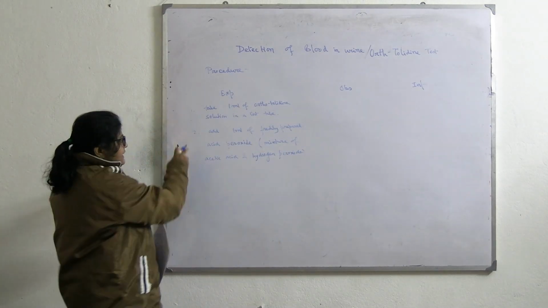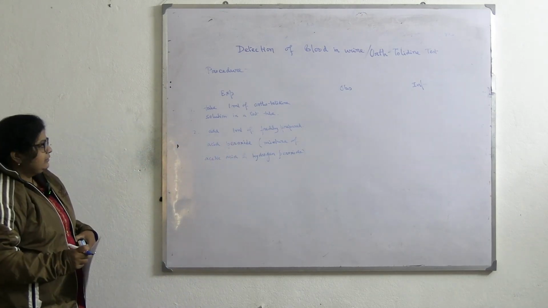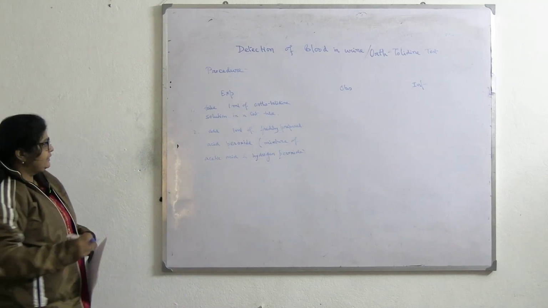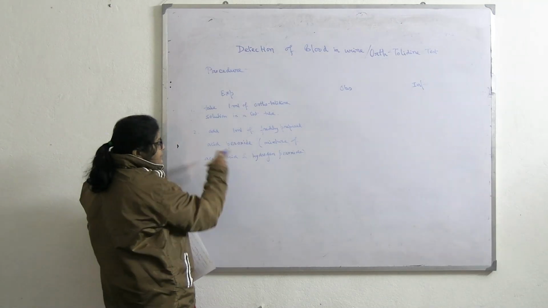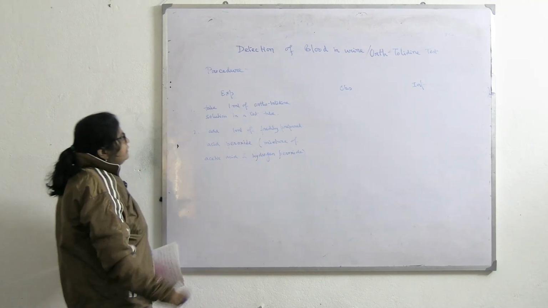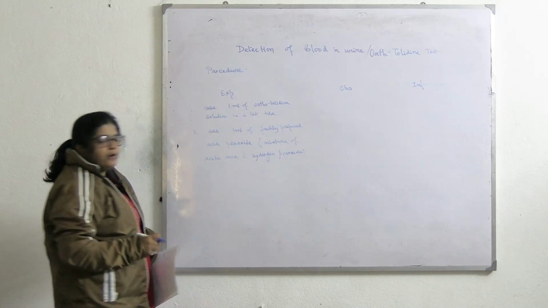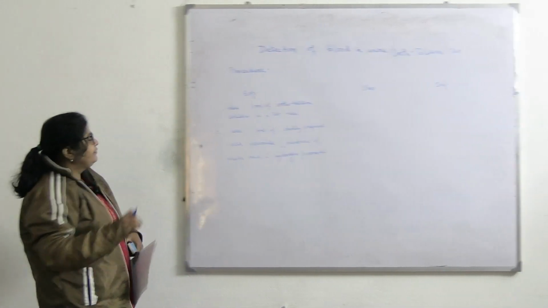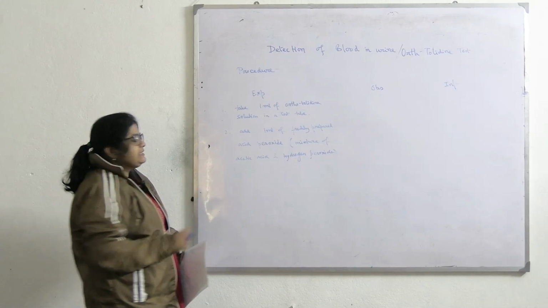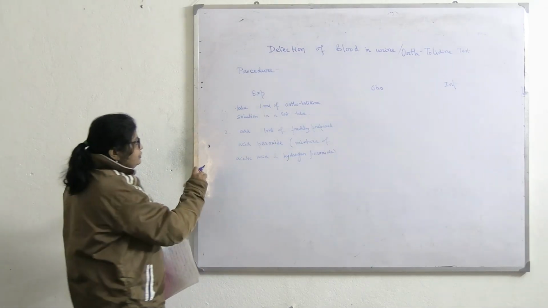Acid peroxide means glacial acetic acid and hydrogen peroxide mixture. Okay. Why is this acid taken? To make the medium acidic. It is given 1 ml. So in a test tube, take 1 ml of orthotolidine solution, then add 1 ml of freshly prepared acid peroxide, acetic acid with hydrogen peroxide solution.